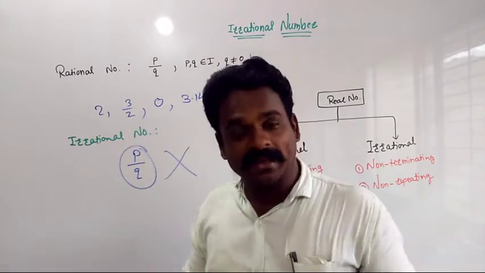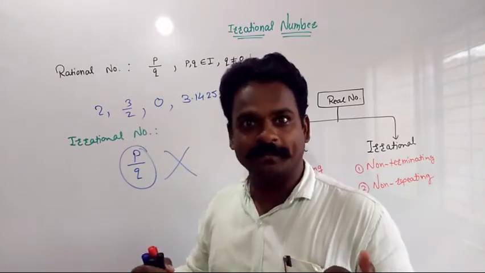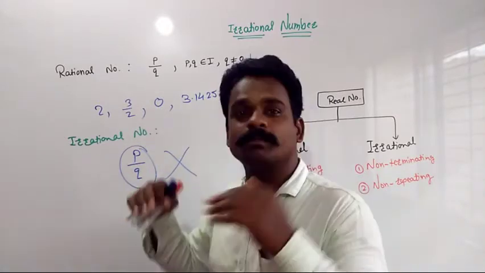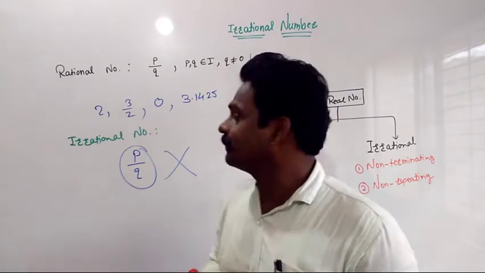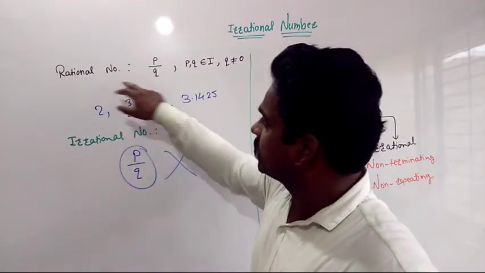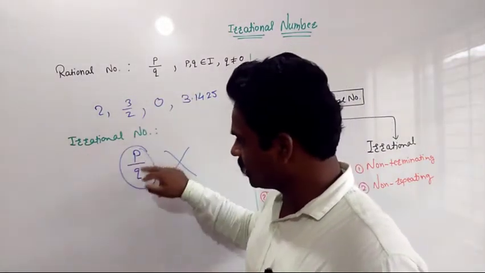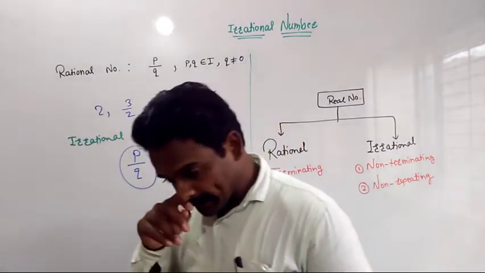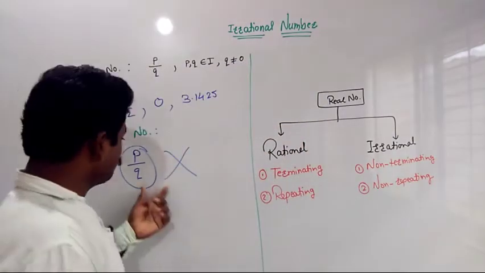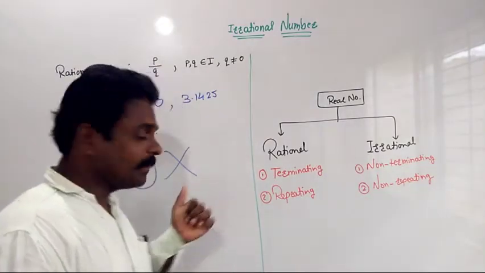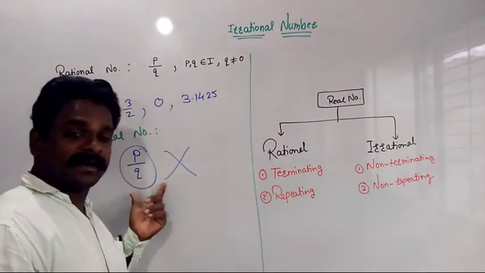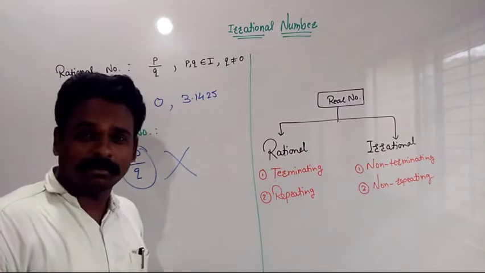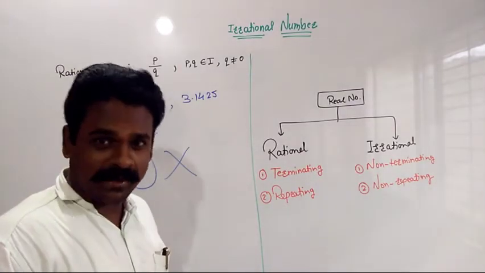So all real numbers we have taken in our bag when we put irrational numbers in the same bag. Okay, fine, no problem. So a rational number is in P by Q form, an irrational number we can't express in P by Q form. Now this definition is not enough.